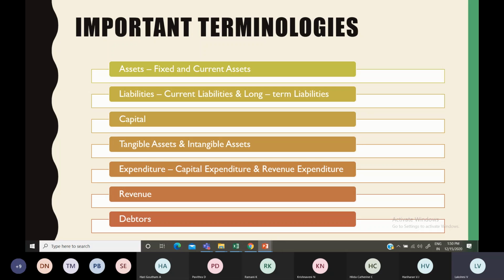Similarly copyrights. If I have done some artistic work, some painting, or music composed by a musician, or if I have written some book, for those literary works you can get the copyright. So copyright is also considered an intangible asset. Similarly, patent.